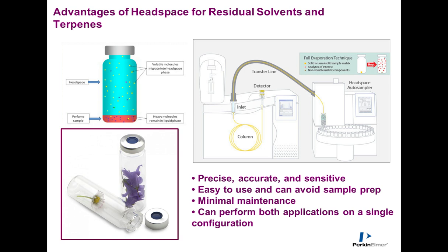And what happens is the vial is heated, and the volatile components of that sample enter the gas above the vial. This is where the needle from the autosampler collects the gas and transfers that over to the GC or GC-MS. This is a very clean way of introducing the terpenes, as the solids from the cannabis or hemp sample remain in the vial after the process.